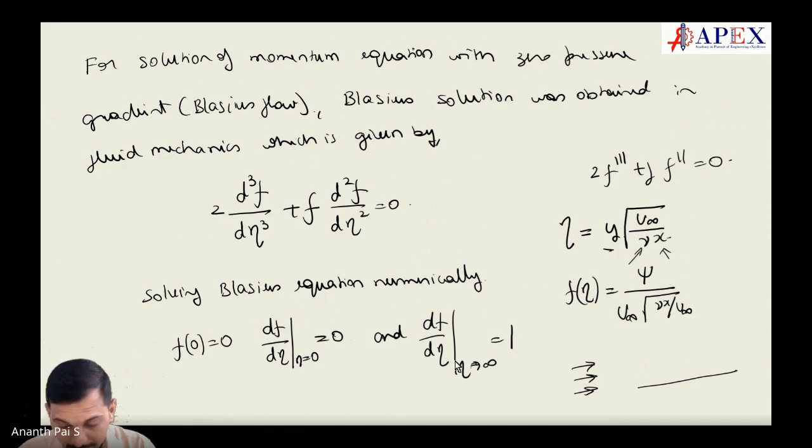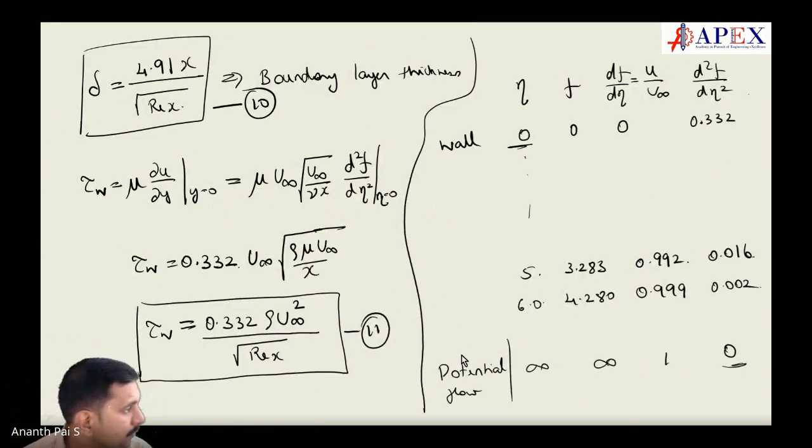So now, in a similar way, we found the solution. We know how we found the solution to Blasius's equation. So these are the solutions we had. We had done it in boundary layer theory in fluid mechanics. So this is about tau_w. This is delta, the hydrodynamic boundary layer thickness, and this is the wall shear stress. This was the numerical solution.